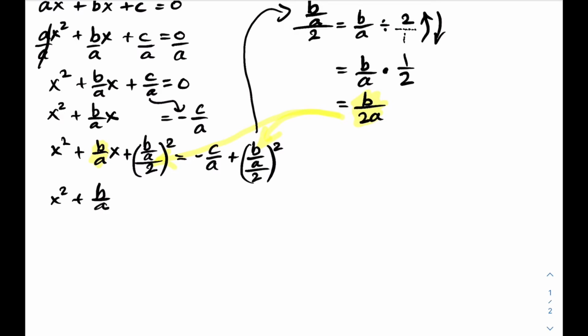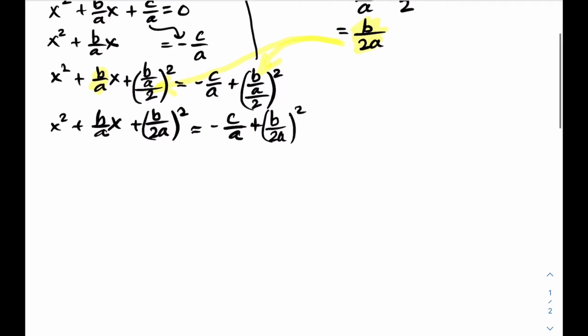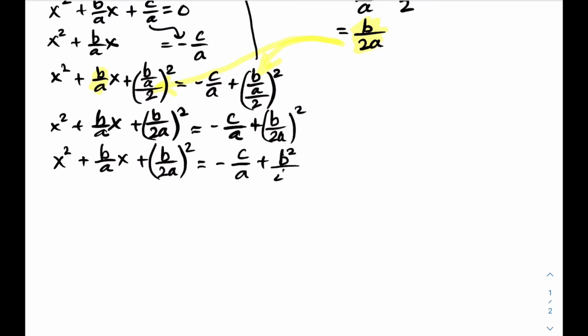Rewriting it, x squared plus b over a x plus b over 2a squared. b squared is b squared, 2a squared is 4a squared.